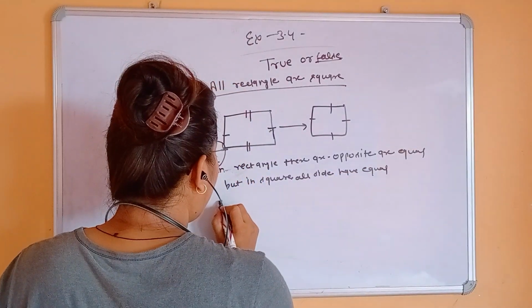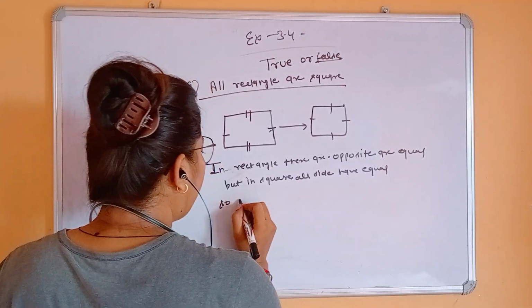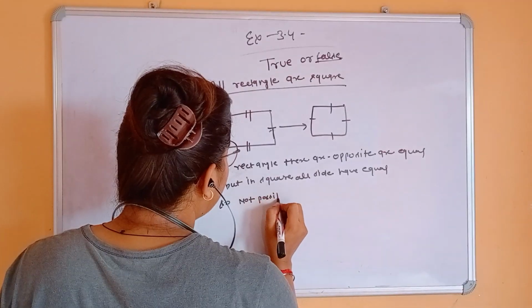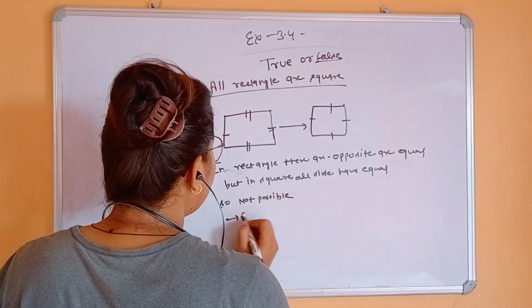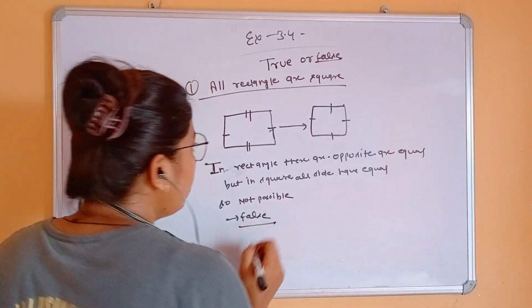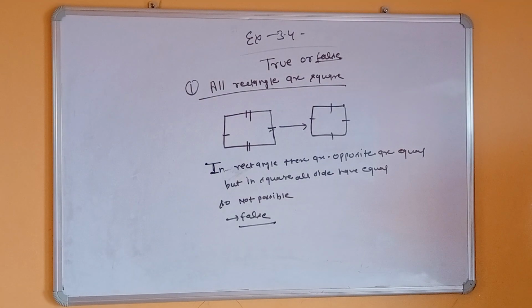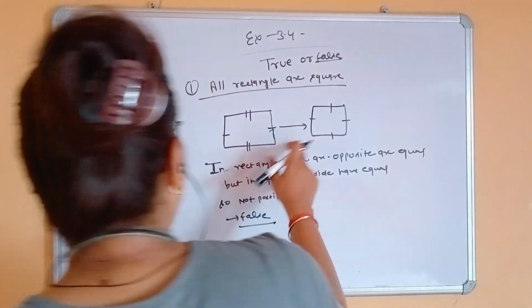So this is not possible. That means the given statement is false. So you understand how a rectangle is not equal to a square. Here we understand easily all rectangles are not square.